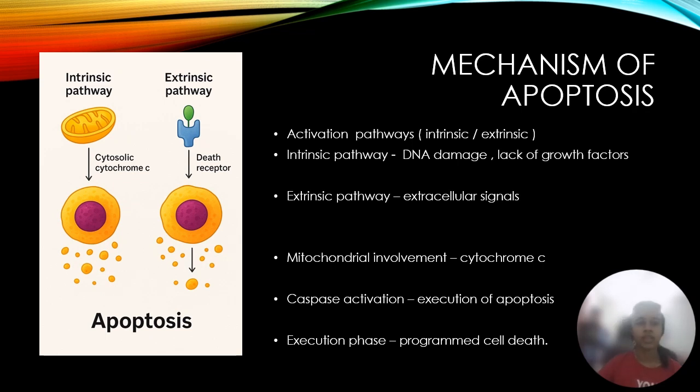But if the cell faces any kind of stress, then this particular BCL2 family is activated, and they will activate these pro-apoptotic family proteins, BAX and BAK. These proteins will migrate to the mitochondrial outer membrane, and they form pores. And that gives you mitochondrial outer membrane permeabilization. It's called MOMP.